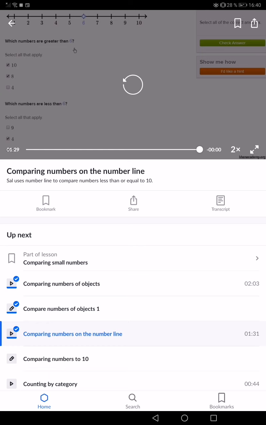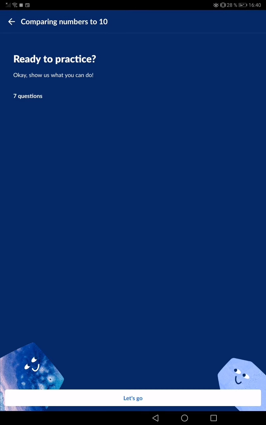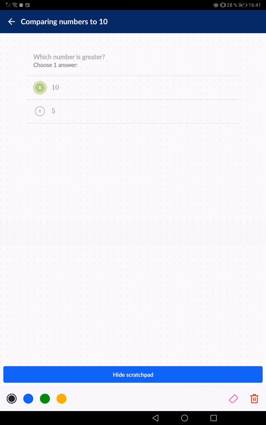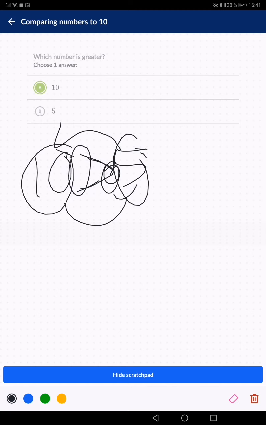I'm not a fan of this, but whatever. I think this is, again, showing things in isolation, right? Which number is greater? 5 is greater, but this is not, right? Though, because this is the relationship sign, right? And it says not only that 10 is greater, but it only says that 5 is smaller than 10, or 10 is greater than 5, right?